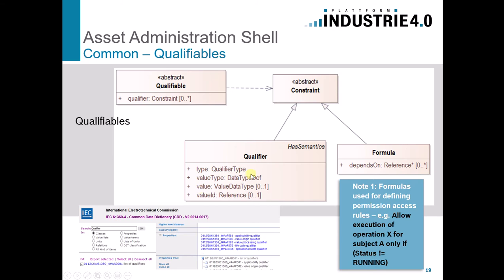And there is HasSemantics again. We are coming to HasSemantics later; it explains what the qualifier means and how the value is to be interpreted. Here is an extract from the ICCDD dictionary, and you see there are 5 qualifier types already standardized.